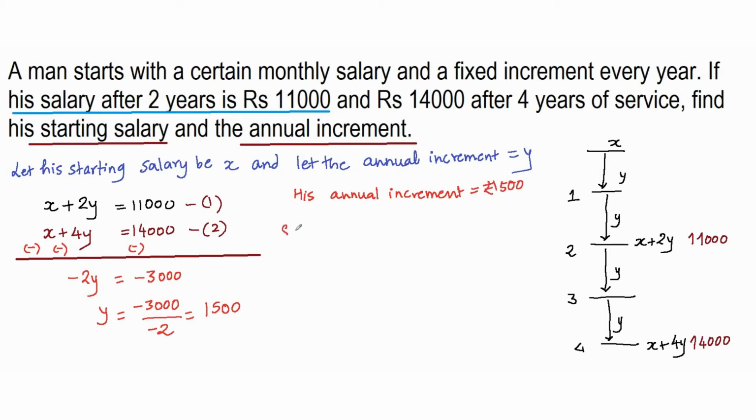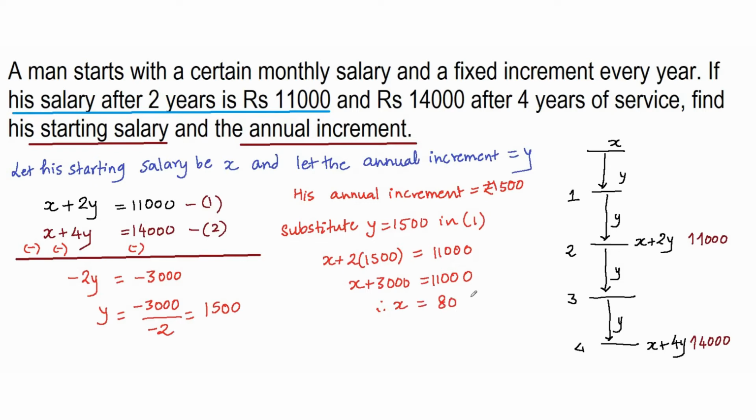Now let us substitute y as 1,500. So substitute y as 1,500 in, say, the first equation. So we get x plus 2 times 1,500 is equal to 11,000, which means x plus 3,000 is equal to 11,000, and therefore the value of x is 8,000.